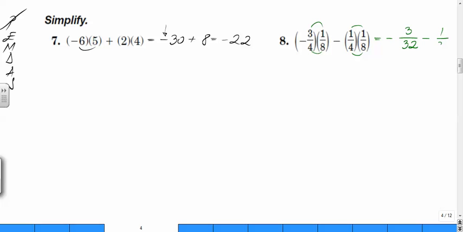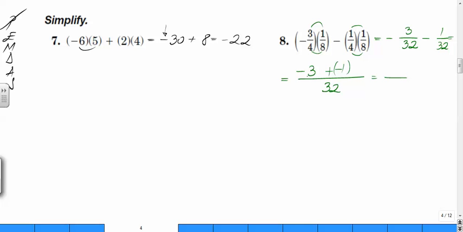4 times 8, 32. And now, because I have two fractions with the same denominator, my denominator will stay, and all I have to do is to perform the operation given with my numerator. So it'll be negative 3 minus 1. Okay? What is the rule? When you subtract, you add the opposite.